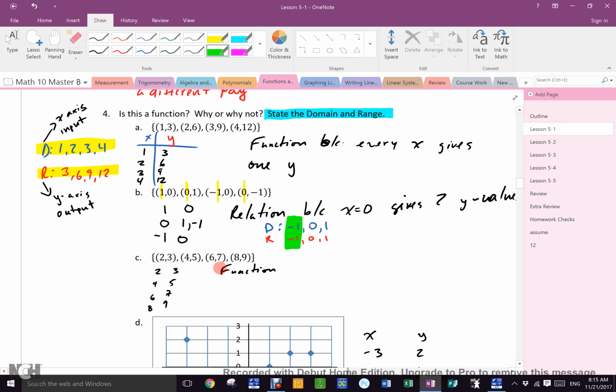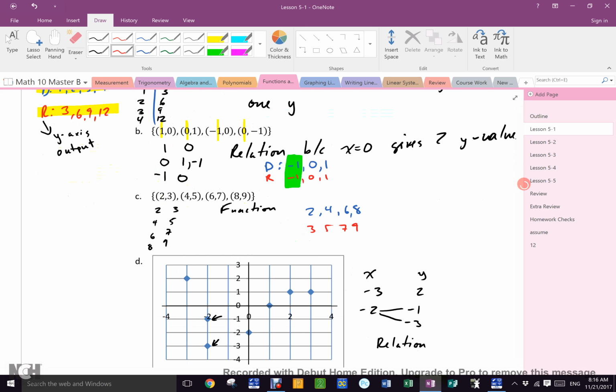So this one, my domain is 2, 4, 6, and 8. And I'm keeping my domains in blue and my ranges 3, 5, 7, 9. Again, it happened to work out with ordered pairs, but it is not always an ordered pair once you have split into domain and range. Everybody cool? All right. Now, what changed in D?